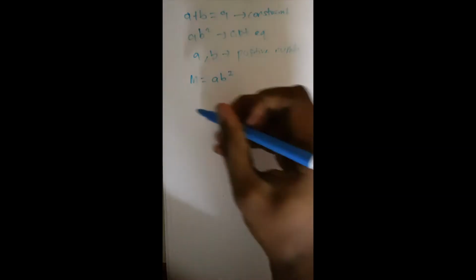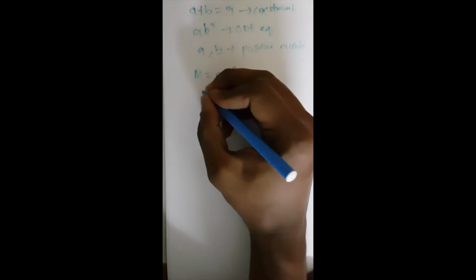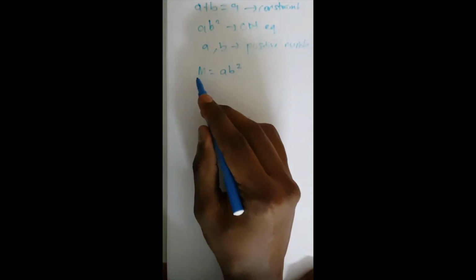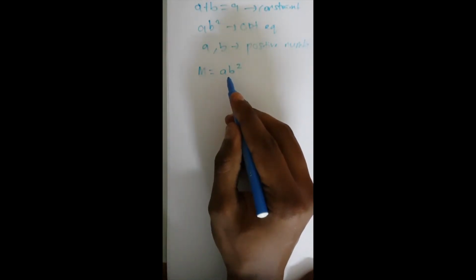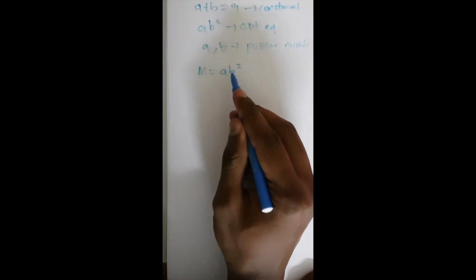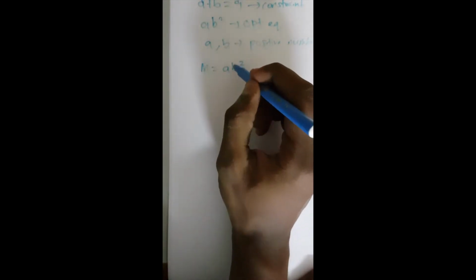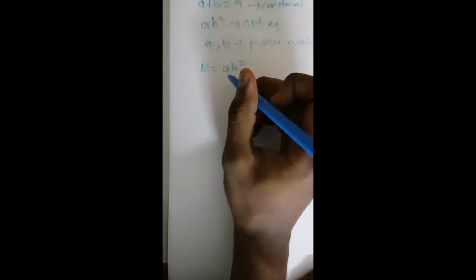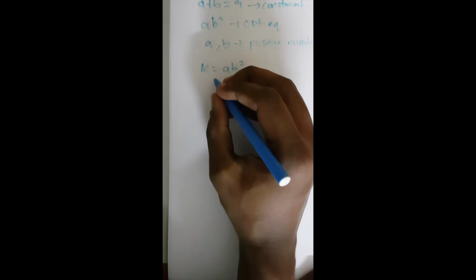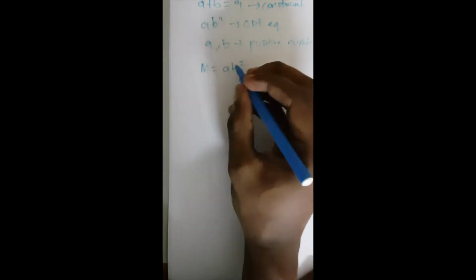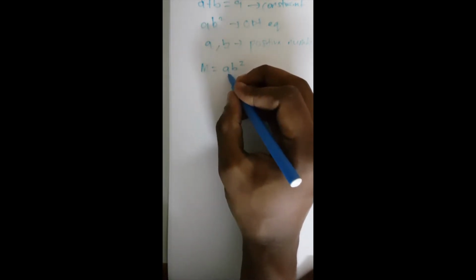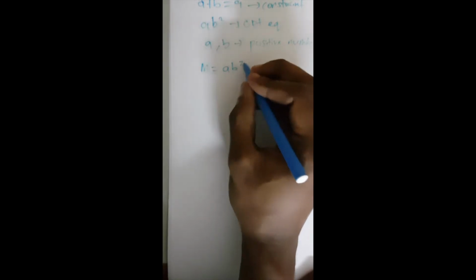Let's just do it. In order for me to differentiate this equation, I need it to be in one term, meaning either a or b. I'll substitute a with a value, which is easier.